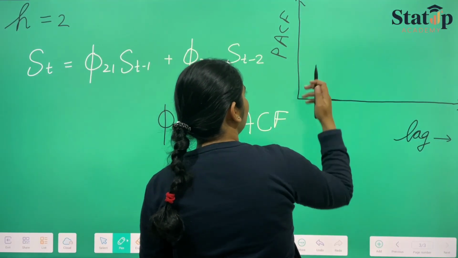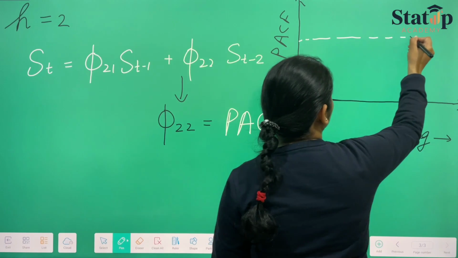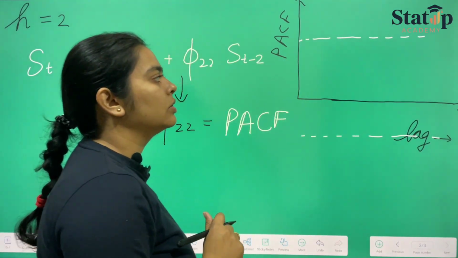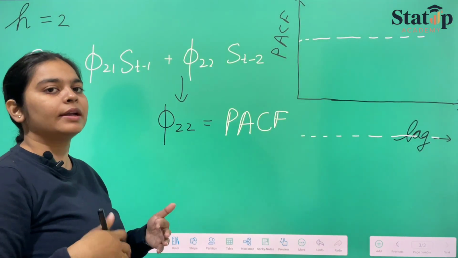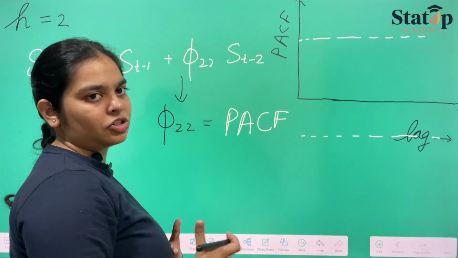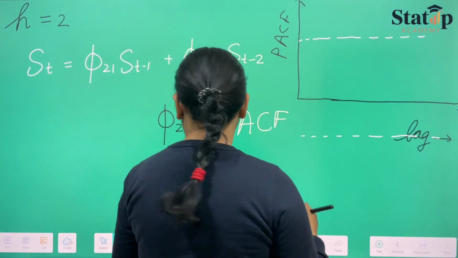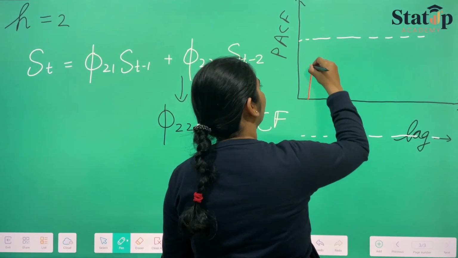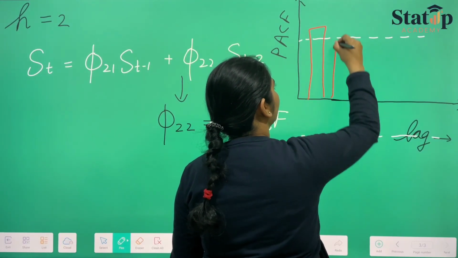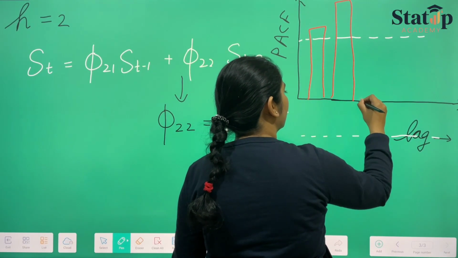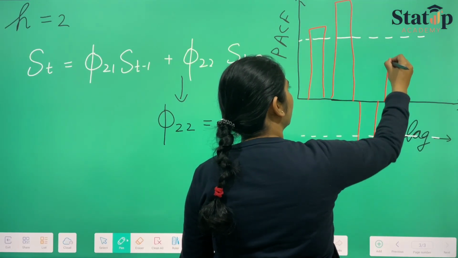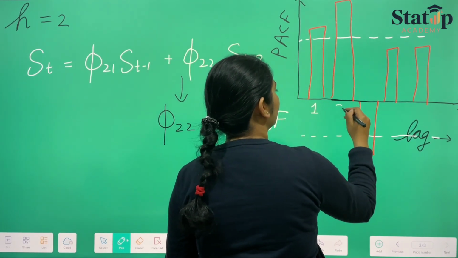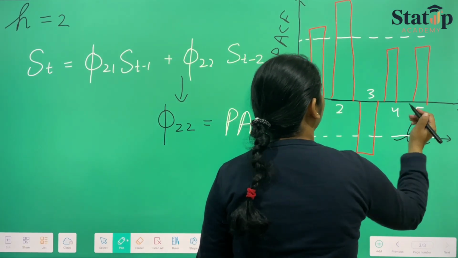These lines tell us about the upper limit and the lower limit that is accepted for partial autocovariance function. So the values are, suppose, like this. For 1 it is this, for 2 it is this, for 3 it is this, for 4 it is this, for 5 it is this. 1, 2, 3, 4, 5 for lag values.